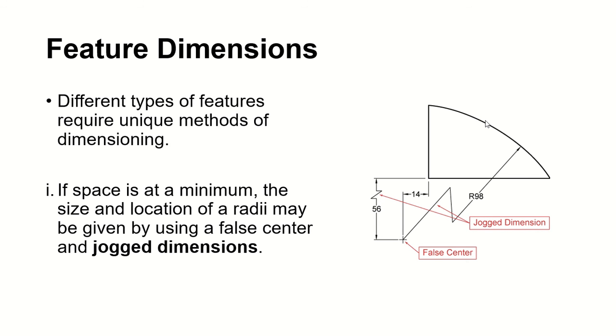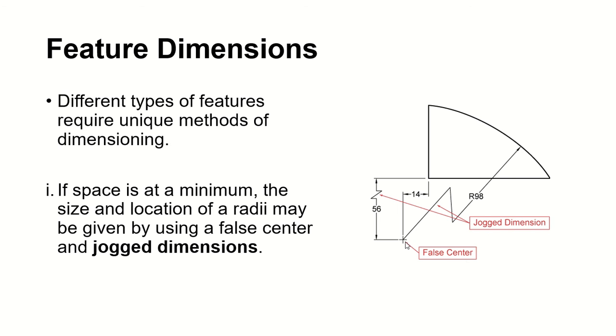Because it's really difficult to show the center of that arc in this part. We have difficulty drawing the center because the part is either too huge, or whatever the reason that it's difficult to put the center. Then we're just going to jog it like that and put the center somewhere.